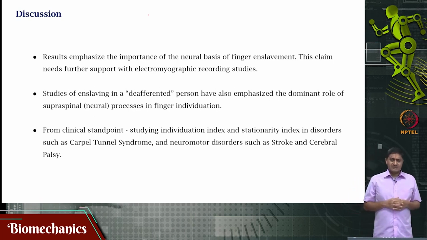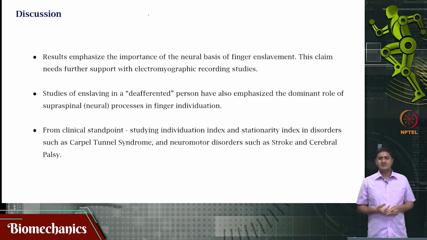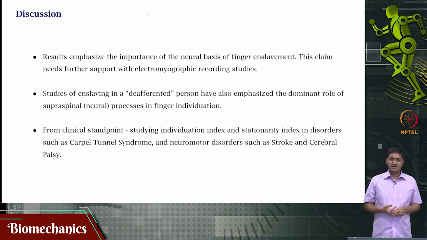There have been some studies that support this idea. For example, studies of enslavement on a deafferented person have suggested that the supraspinal or neural effects have a major role in finger individuation.